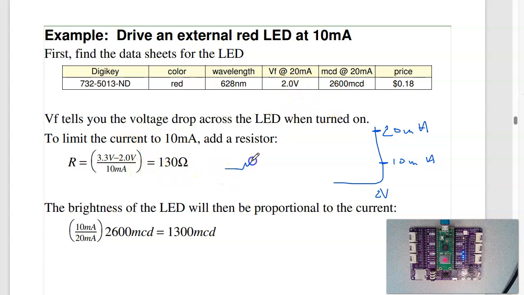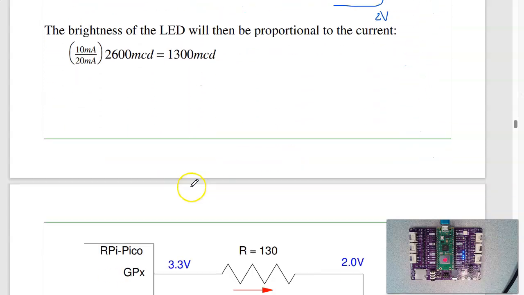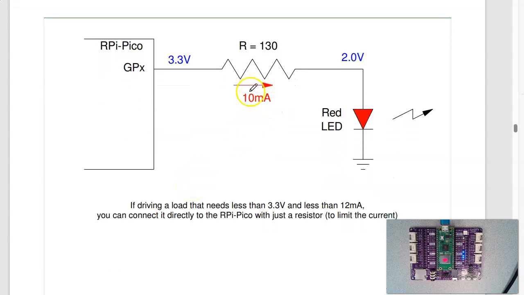So here's your 3.3, 2 volts across the LED. The resistor sees the difference, 1.3 volts. 1.3 volts at 10 milliamps is 130 ohms. So buffer the diode to the Pico with the 130 ohm resistor. That'll set the current to 10 milliamps. That's kind of what's done on most of the boards.